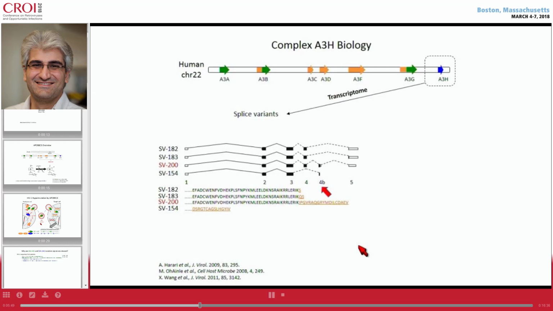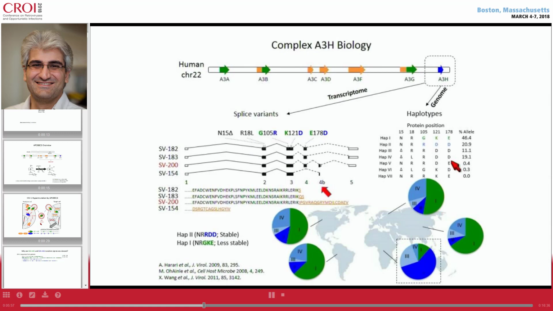We have identified 12 in the databases, resulting from different combinations of these SNPs that you can see there. These haplotypes are not randomly distributed across the globe. Haplotype 1, on top, is mainly found outside Africa. Haplotype 2, the second most dominant, in dark blue, is found mostly in African populations.